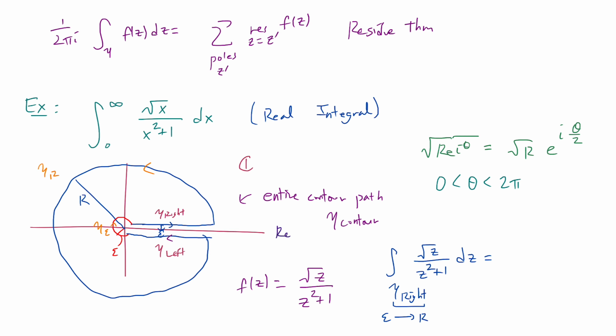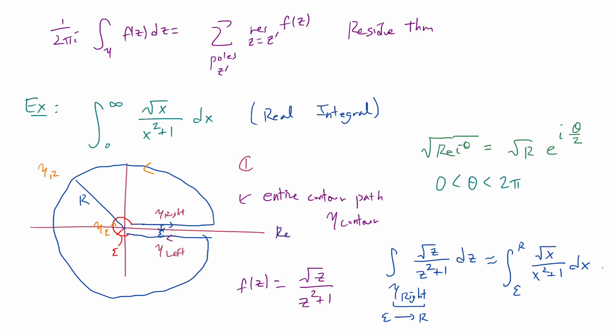So maybe a more precise way of saying this, or not necessarily precise, but one way of explaining this, is that as long as you make gamma right and gamma left close enough to the real axis, this is going to be approximately the integral from epsilon to r of square root of x over x squared plus 1 dx, the real integral.